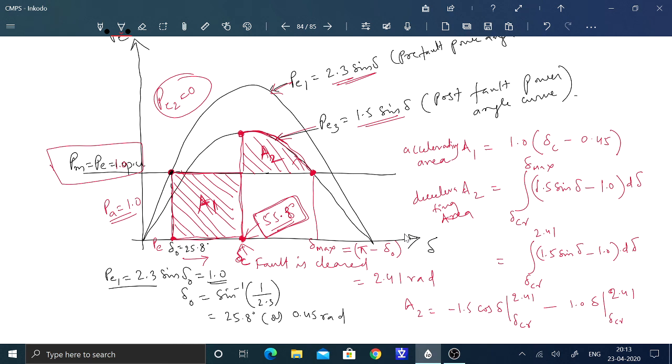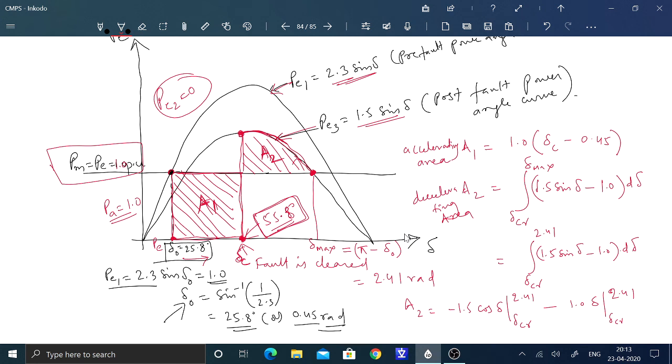From this you can calculate the initial power angle delta naught is equal to sine inverse 1 by 2.3, which comes to 25.8 degrees or 0.45 radians, this angle.